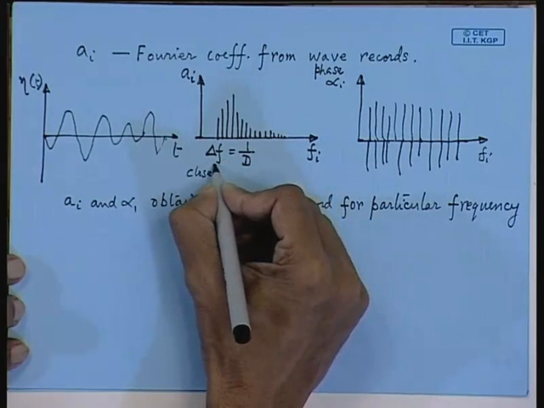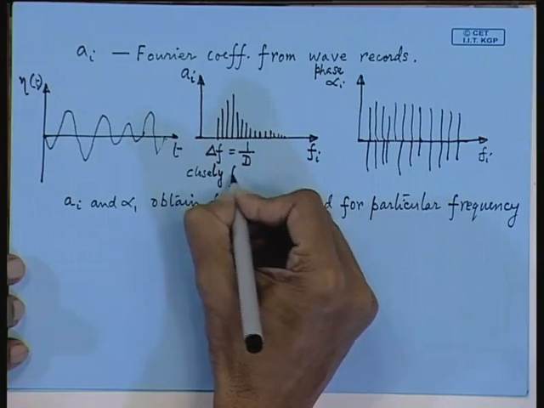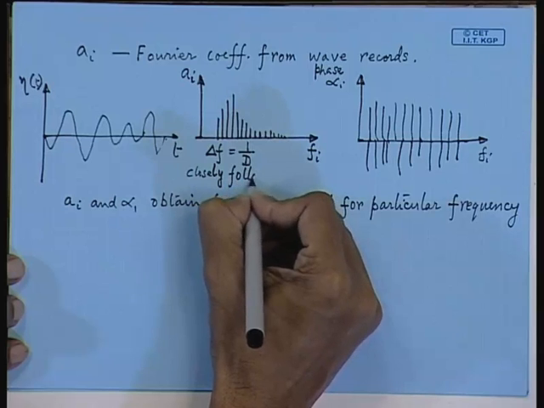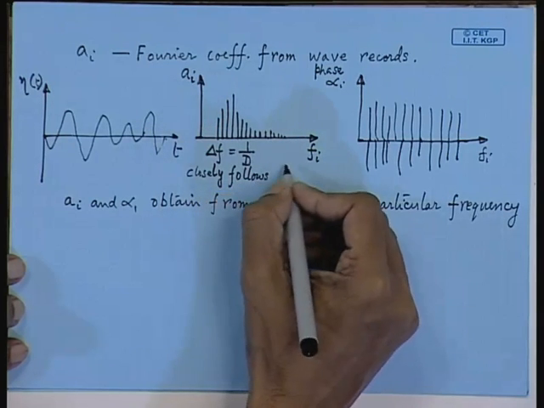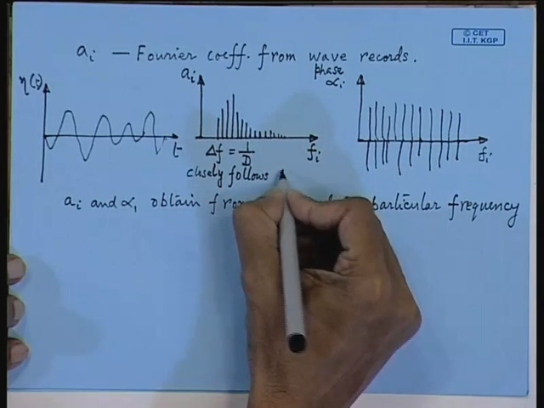So, this actually closely follows what you will find. This is called a Rayleigh distribution.